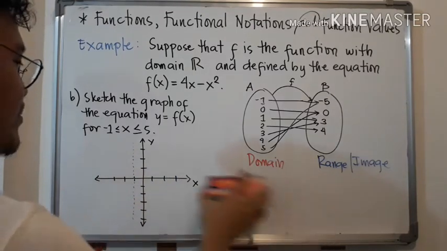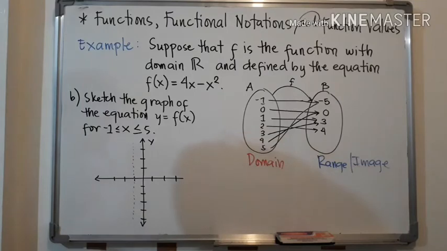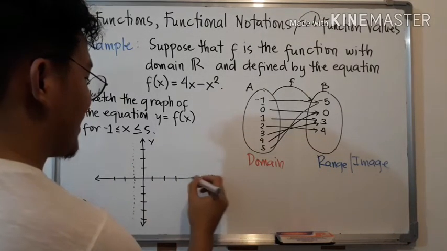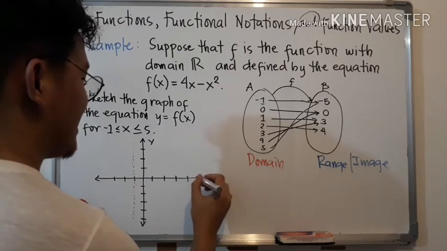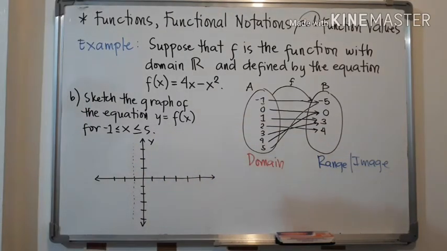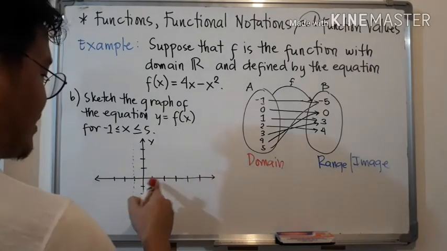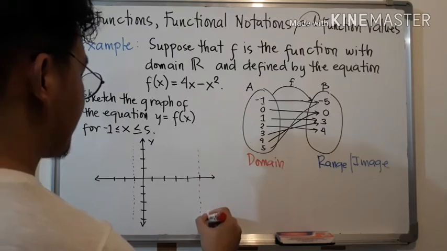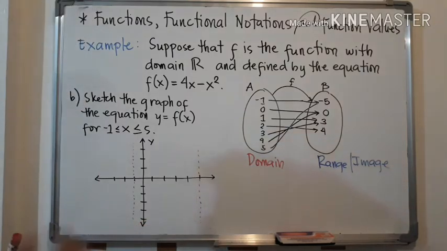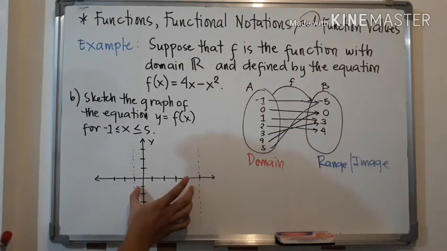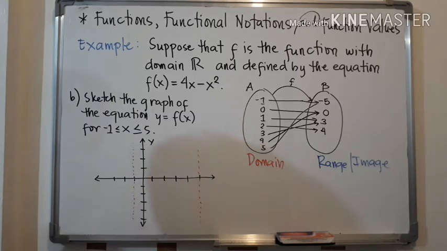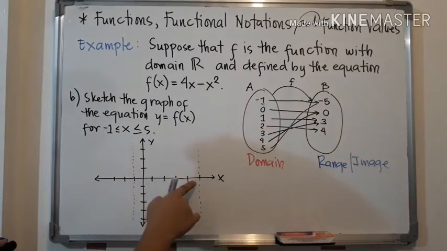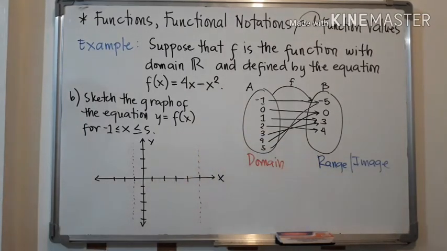Sorry, the points are not enough, the space of the board is limited. So we have positive 5: 1, 2, 3, 4, 5. This interval refers to the set of all x greater than or equal to negative 1 but less than or equal to positive 5.